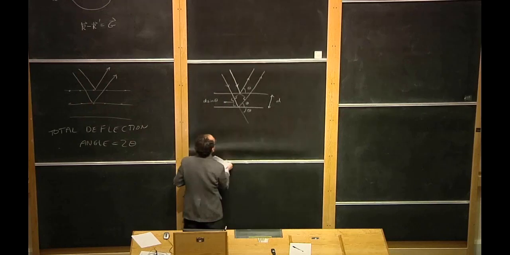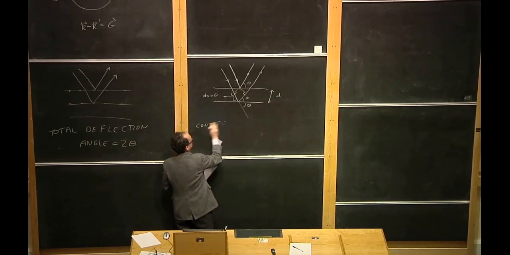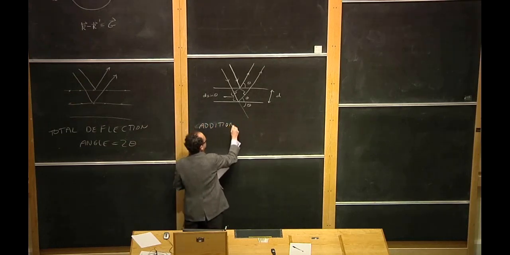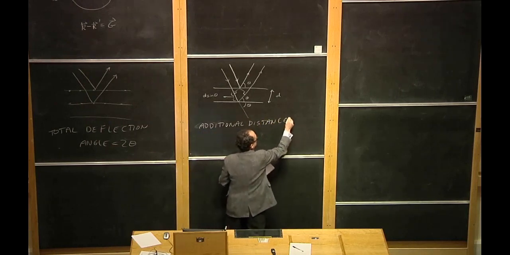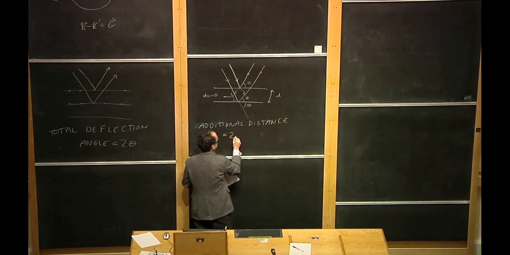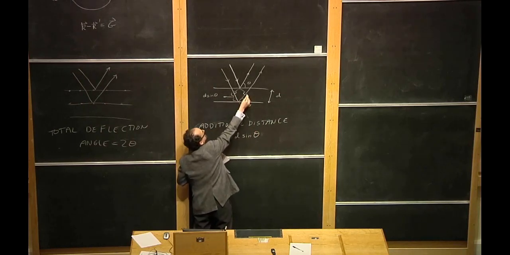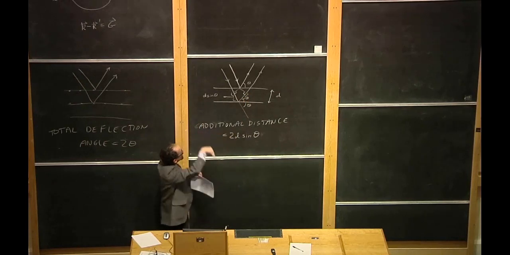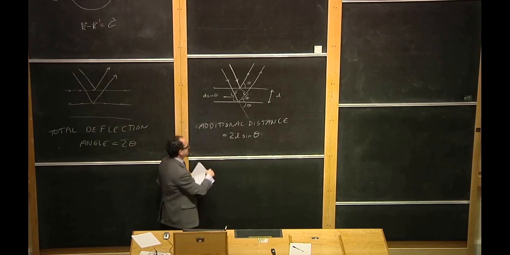So in order to get constructive interference, maybe I'll write this first. The additional distance is then 2d sine theta. So it's d sine theta on this side and then another d sine theta on that side. So the additional distance taken by the wave that reflected off the second plane is 2d sine theta.